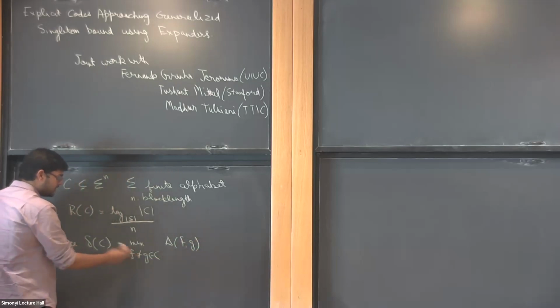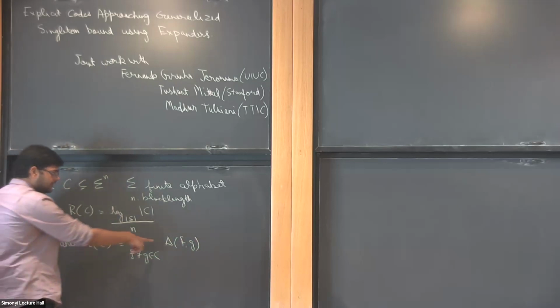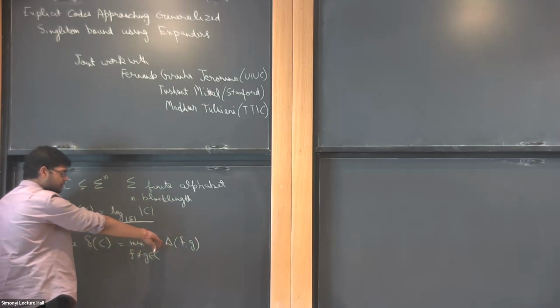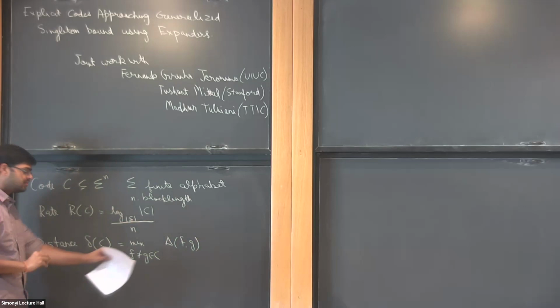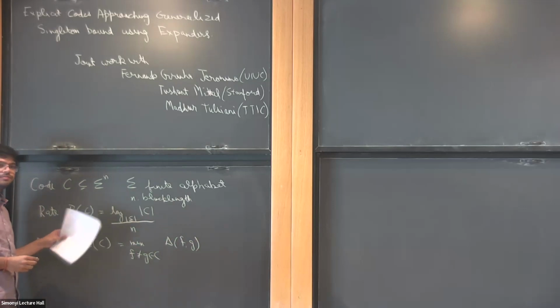So we look at any two distinct strings in the code and we look at their Hamming distance. Ideally, I should normalize it, but I think I'm going to use this delta notation a lot. So I'm just going to call this the normalized Hamming distance already. So both rate and distance are going to be numbers between 0 and 1.